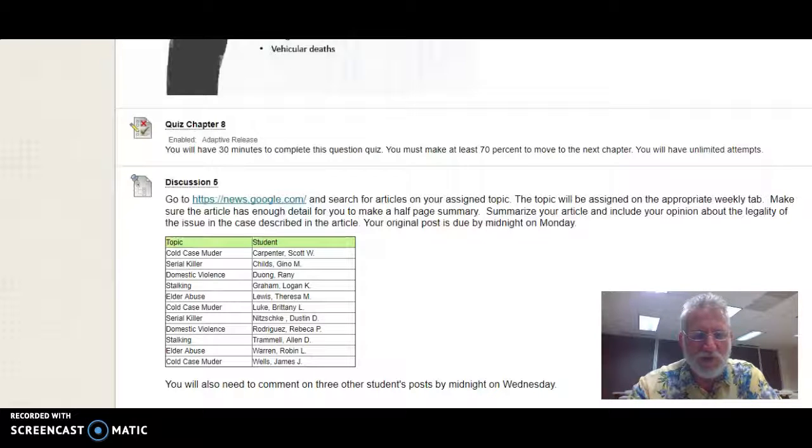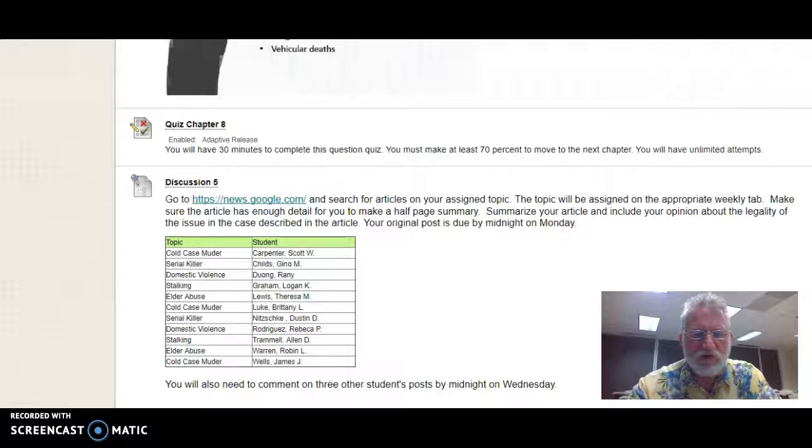So look for an article, again, preferably in Texas. Do about a half-page or page summary of that, posting it directly into the discussion, not as an attachment. Get that done by midnight on Monday. Get the follow-up post done by midnight on Wednesday. So make sure you get yours in early enough so people can do the follow-up post.